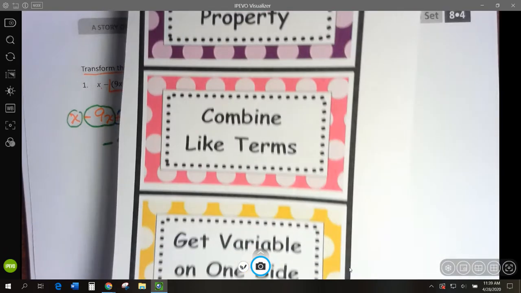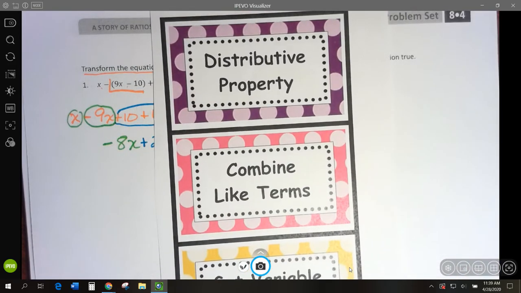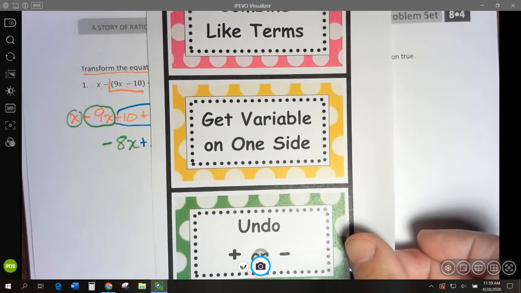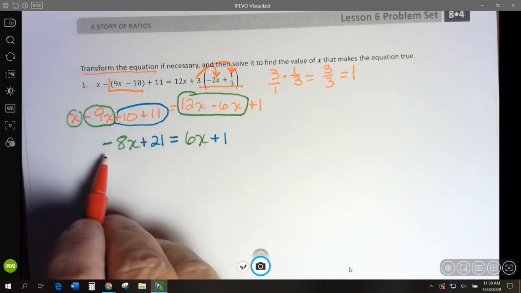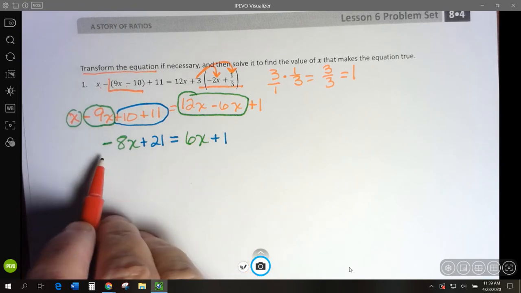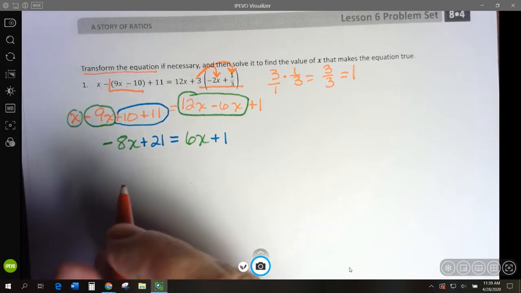After we did our distributive property and combined like terms, let's get our variable on one side. Remember, we always want to get rid of the variable with the smallest coefficient. In this problem, the smallest coefficient would be the negative 8 compared to 6. So to get rid of negative 8, we're going to add 8x.